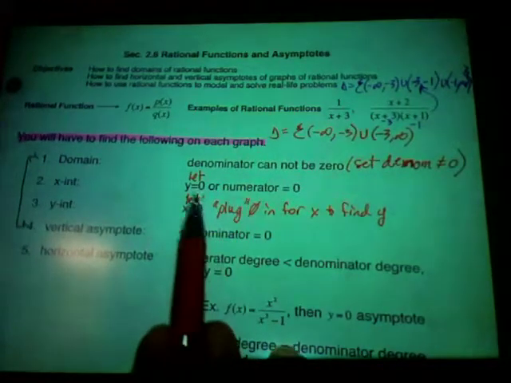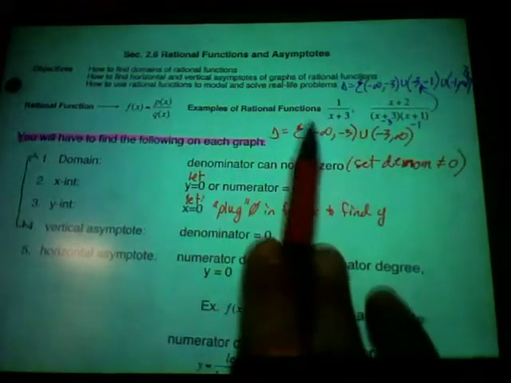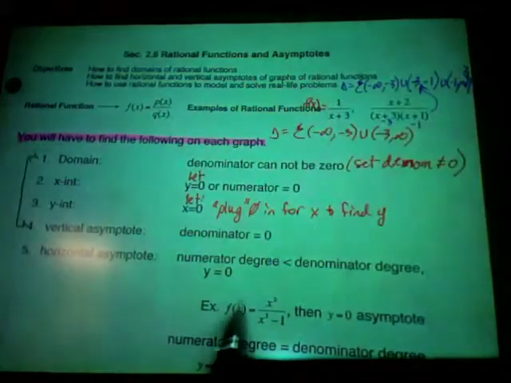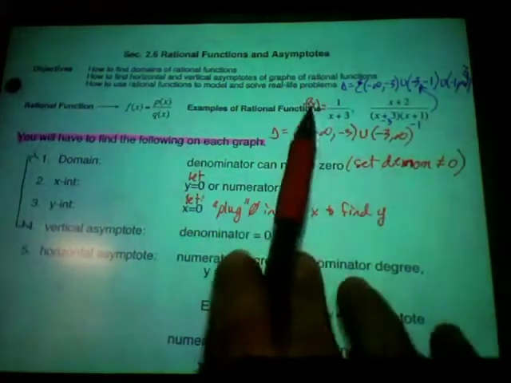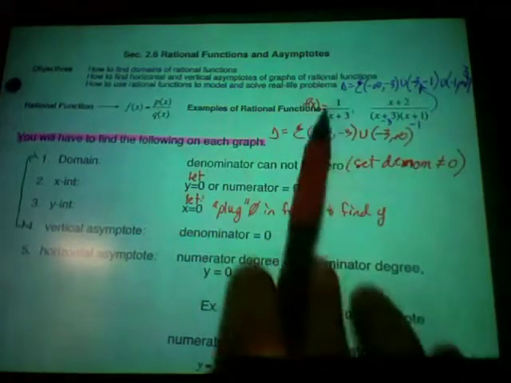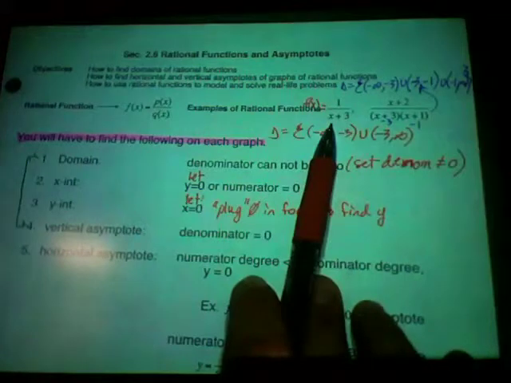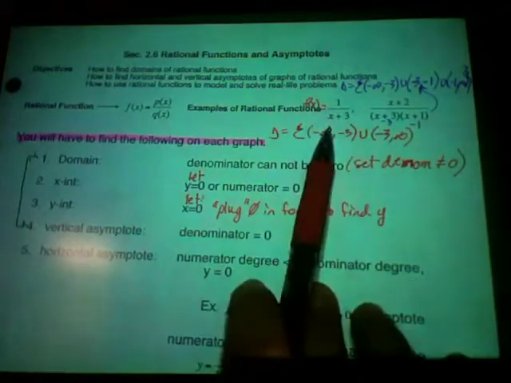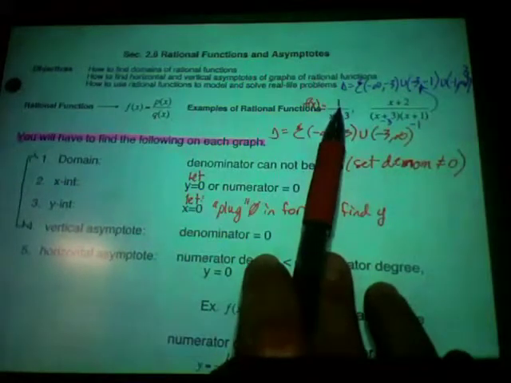Why is it that if I let y equal 0, so look at these, if this said f of x, isn't f of x the same as y? So if that were f of x and I let that be 0, is there any way that this function could be 0? What does the numerator have to be for a fraction to be 0? 0. Is there any way for that numerator to be 0?